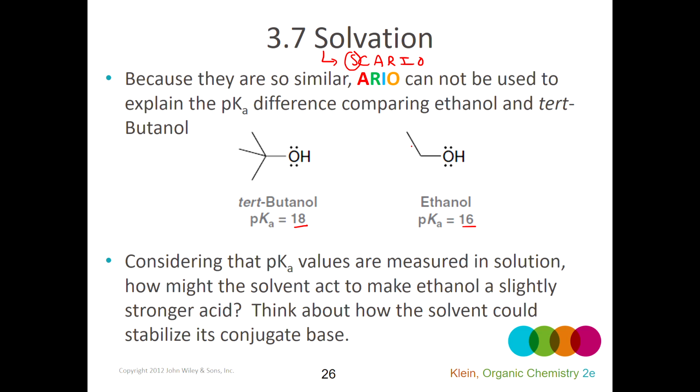If I'm comparing the pKa's of these acids, or their ability to donate a proton: if this one donates a proton and the electrons stay behind, it's going to create a negative charge on an oxygen. If this one donates a proton and the electrons stay behind, it's going to create a negative charge also on an oxygen. So the quantity of charge is the same in both conjugates that I'm trying to decide which is more stable.